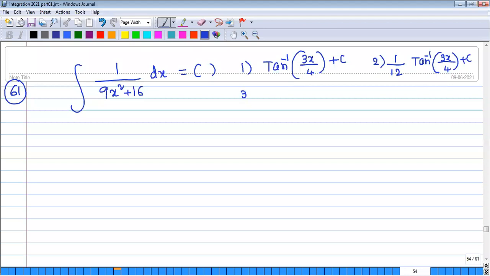Third one, 1 by 2 times tan inverse 3x upon 4 plus c. Fourth option, 1 by 4 times tan inverse 3x upon 4 plus constant of integration. We try this question.